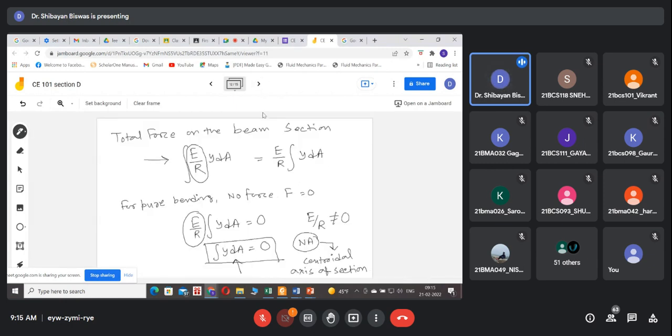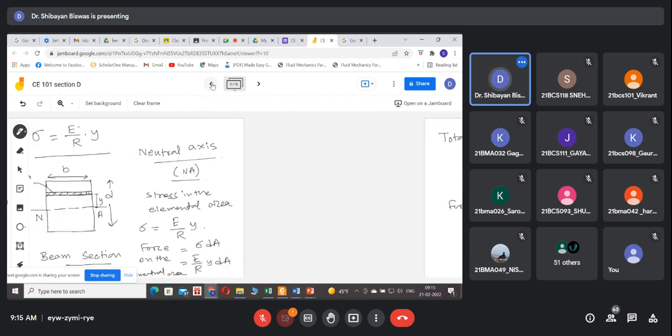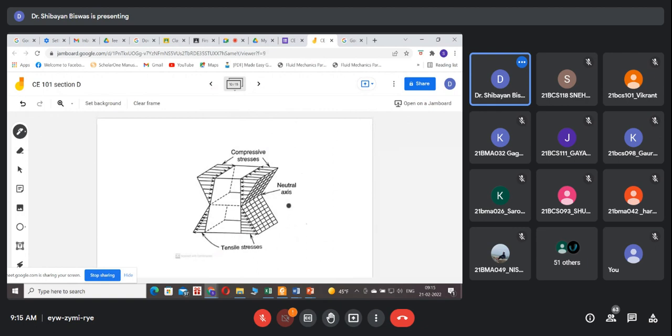Now, if we want to see how much moment is acting, before that I want to say one thing. We are looking from this part of the beam.